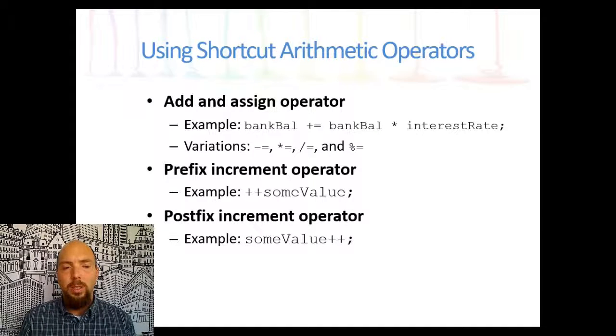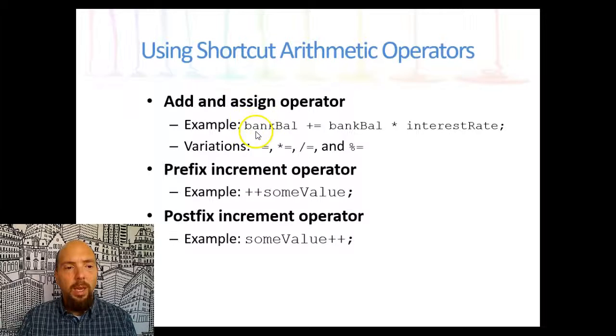Alright, so what I can do is I want to perform some calculations on numbers. I want to keep increasing numbers. And in other programming languages, if I want to add a value to itself, let's say I have a number and I want to add whatever's currently in my number to 1, I would do something like my number equals my number plus 1. Well, in C# we actually have some shortcuts that we can use.